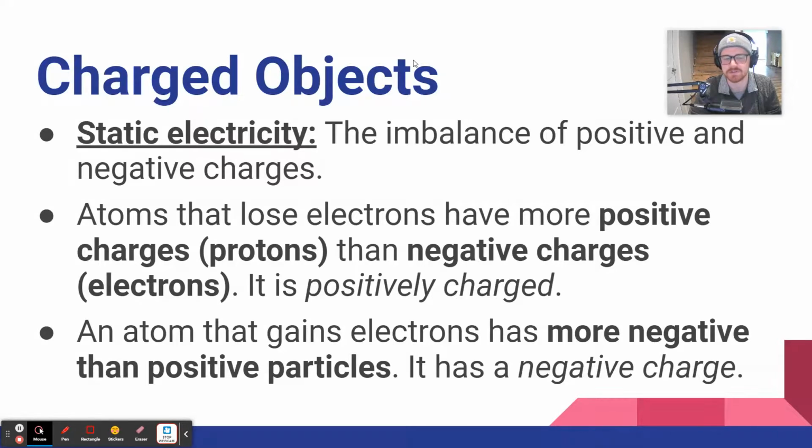That is a positive charge. An atom that gains electrons has more negative than positive particles, and this is a negative charge. So the more electrons you have than protons, what you create is an imbalance. You create static electricity.